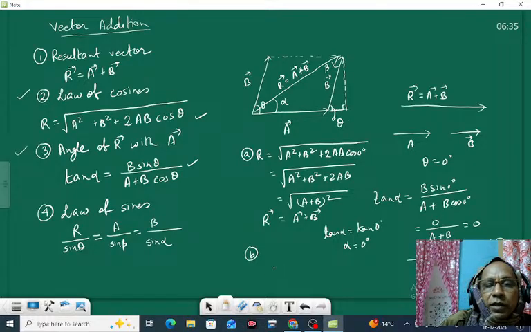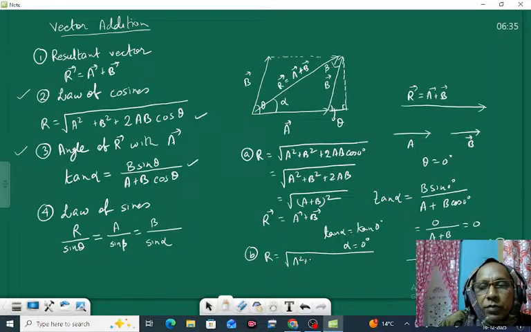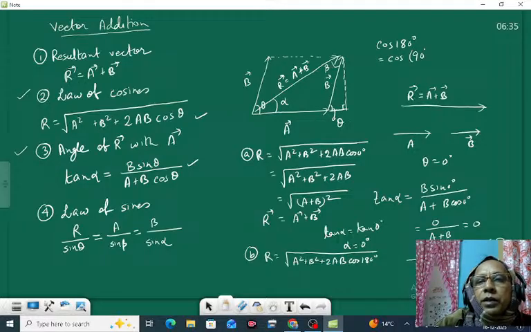Now if it is 180 degree, then we find the formula: R equals root over A square plus B square plus 2AB cos 180 degree. And what is the value of cos 180? That is minus 1. You can find it this way: cos of 90 degree plus 90 into 2 minus 0 degree.